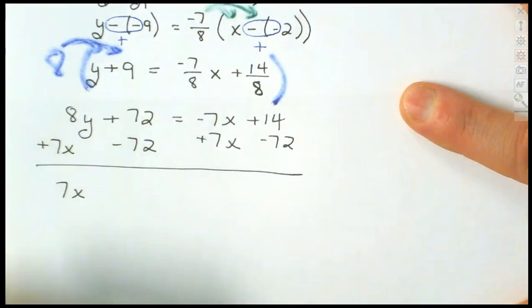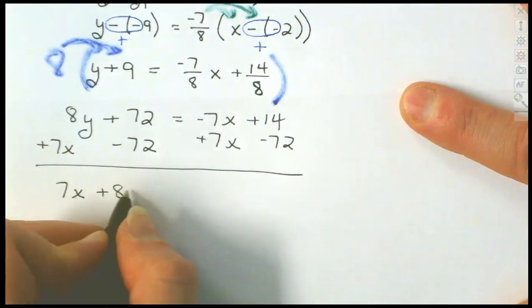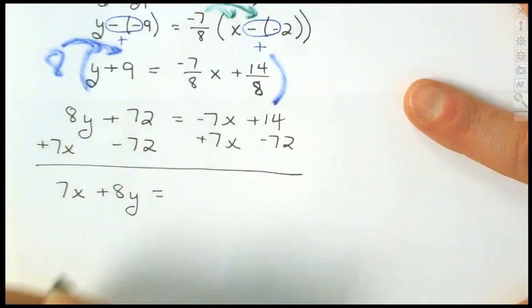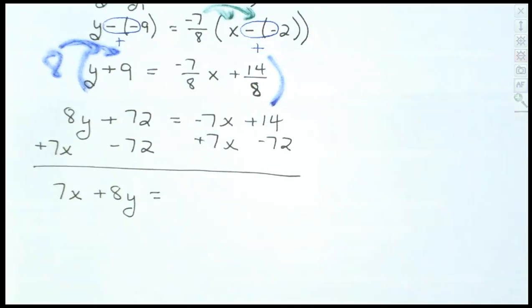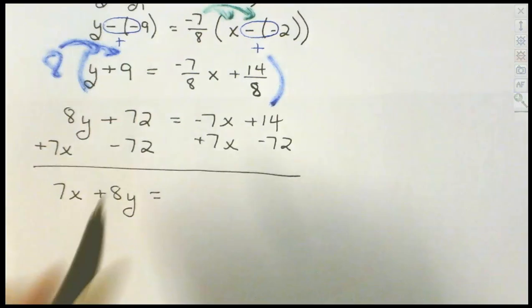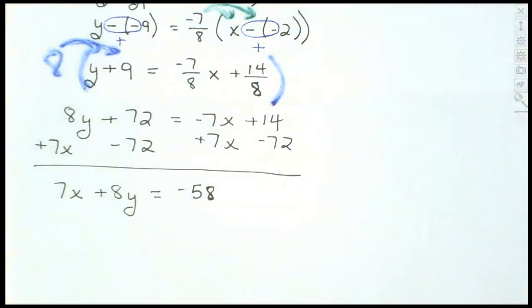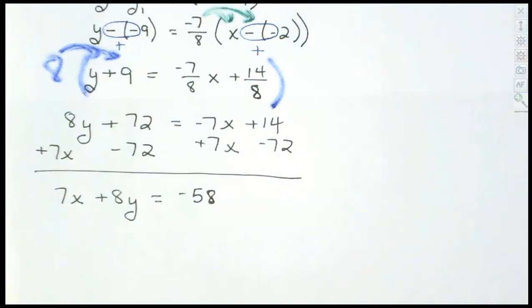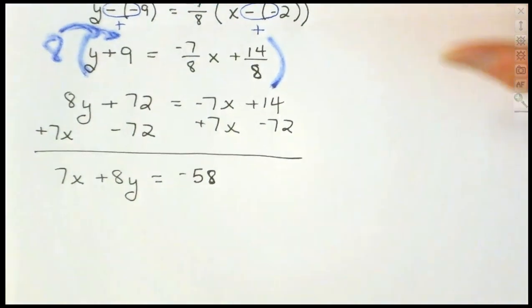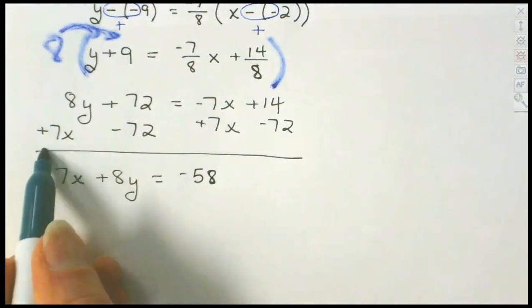So 7x goes first, 8y is right behind it, and that equals now, we've got 14 minus 72, which is minus 58. So there's our answer there, and that is now in standard form.